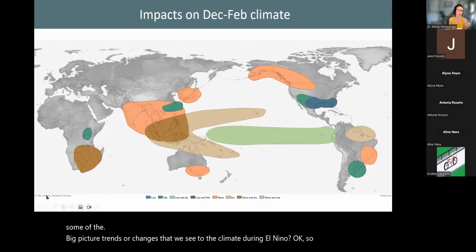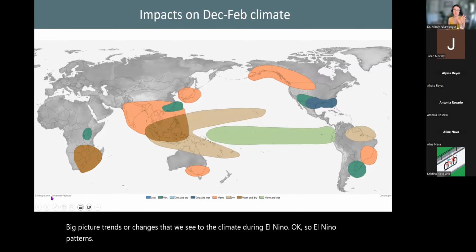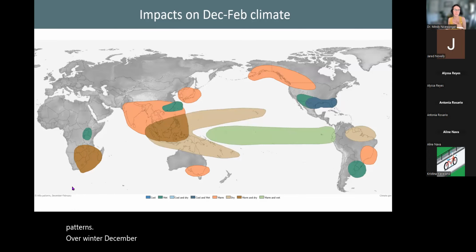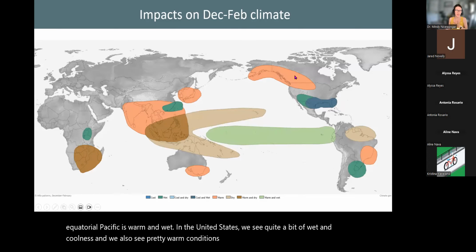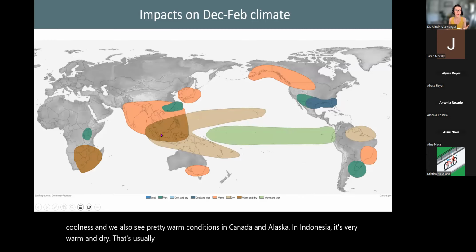Okay, so El Nino patterns over winter, December through February, Northern Hemispheric winter, we see obviously the equatorial Pacific is warm and wet. In the United States, we see quite a bit of wet and coolness, and we also see pretty warm conditions in Canada and Alaska. In Indonesia, it's very warm and dry. That's usually leading to forest fires.